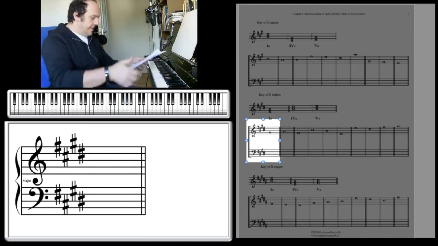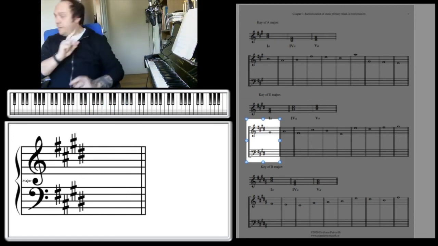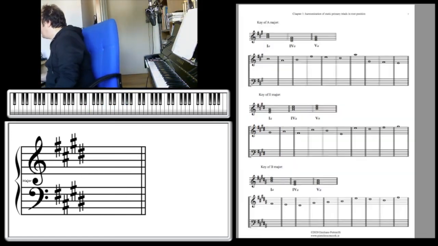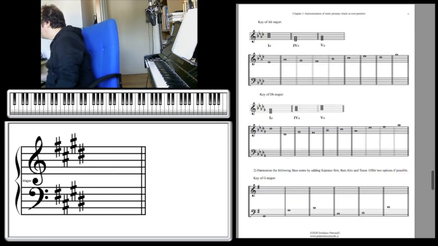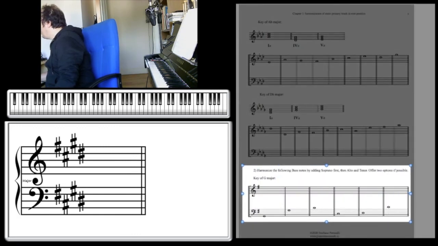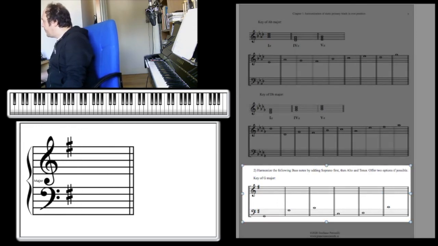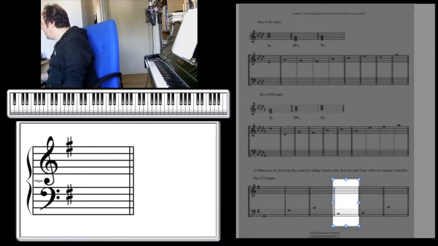In the second section of the exercises, then, I give you bass notes. Harmonize the following bass notes. Okay, let's go back. This is in the key of G major. Let's have a go at that one.